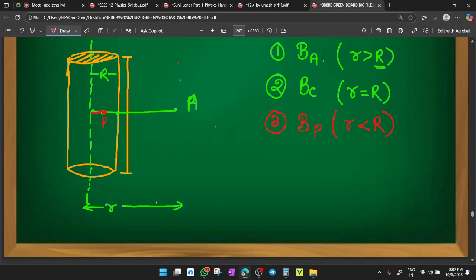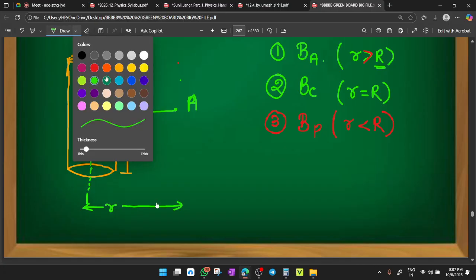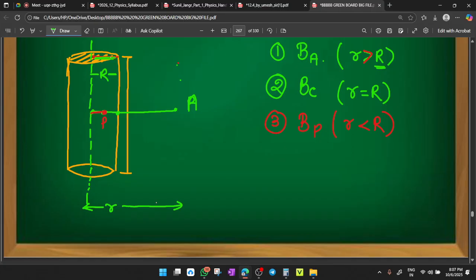So students, I am going to derive the general cases for all the situations. First, if your point is lying outside the cylinder, whose radius is capital R, then the distance will be greater than R, right?